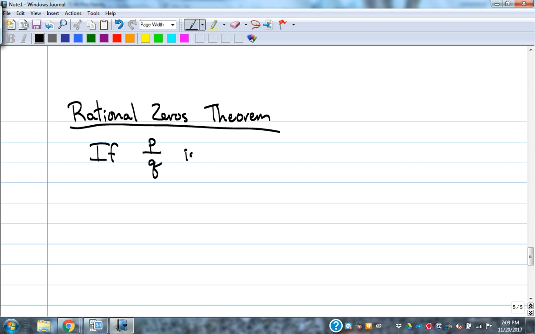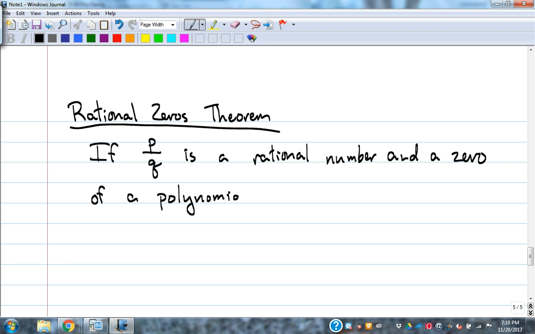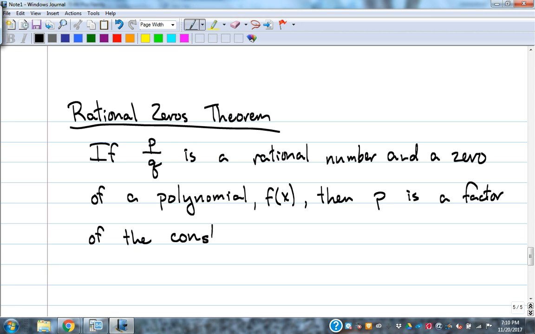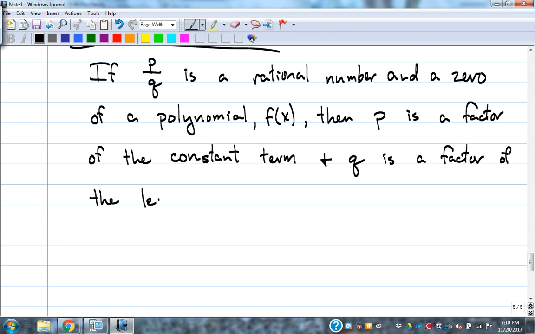If P over Q is a rational number and a zero of a polynomial, we'll call that polynomial f of x because that's what we've been calling them all, then P is a factor of the constant term, and Q is a factor of the leading coefficient. Okay. All right. Let's get an example.